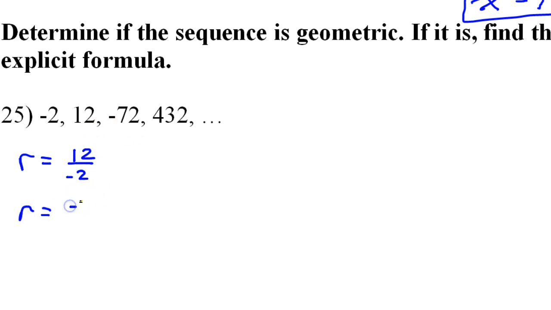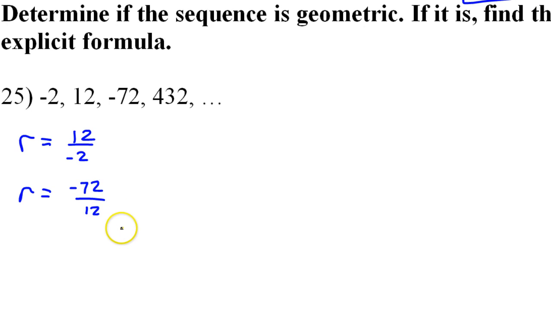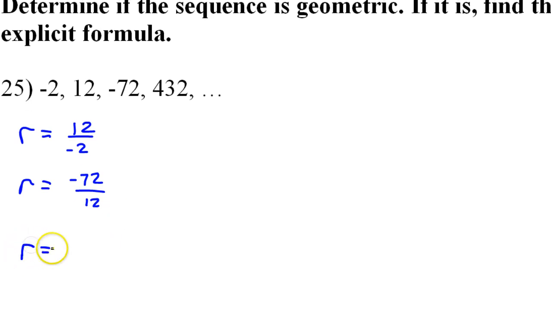Or negative 72 divided by 12. Or 432 divided by negative 72. Each term divided by the previous term. If this is geometric, we should get the same result every time.